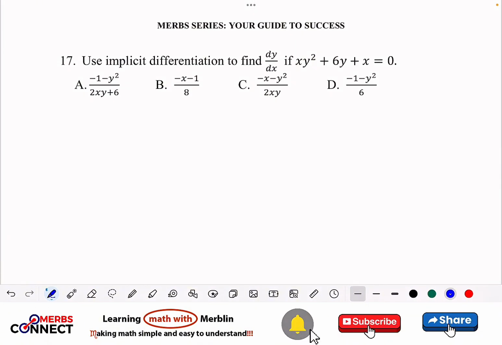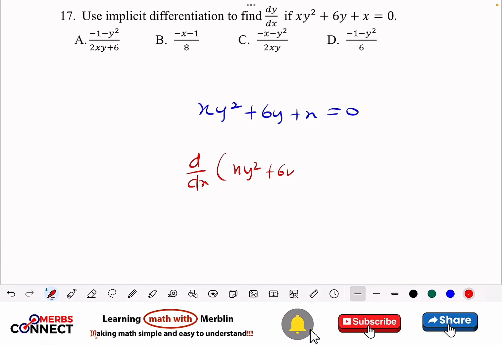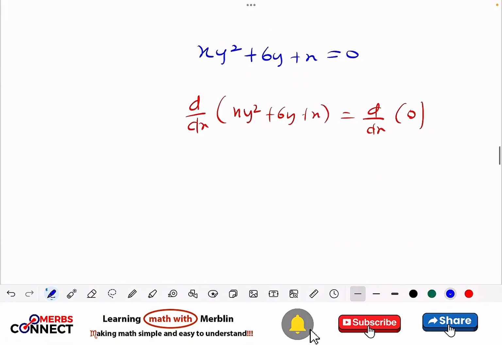We want to find dy/dx implicitly, right? So xy squared plus 6y plus x is equal to 0. So as usual, let's differentiate both sides. So differentiating xy squared plus 6y plus x is equal to differentiating 0. So now I need to differentiate this, and I'm going to use the product rule. So first, product rule, I maintain x and differentiate y squared.